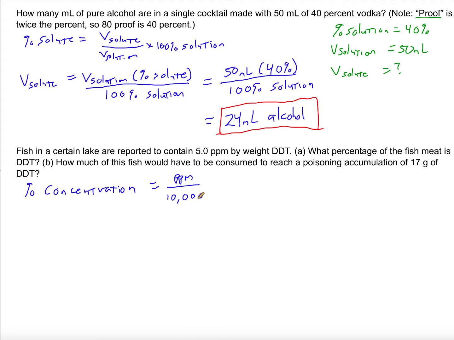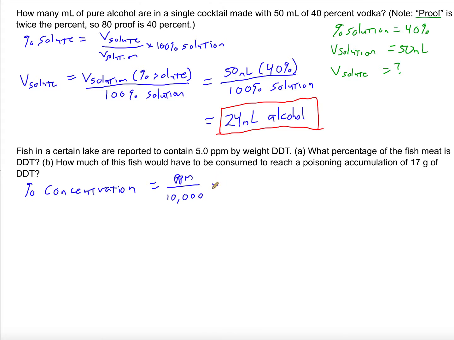That will give us the percentage concentration. Essentially, we're taking it from parts per million and converting that to a percentage. And that's why normally if you do parts per million, you do 5 out of a million. Here we want to get it to a percentage. So instead of doing it out of a million, we're doing it out of 10,000. There's a factor of 100 missing there.